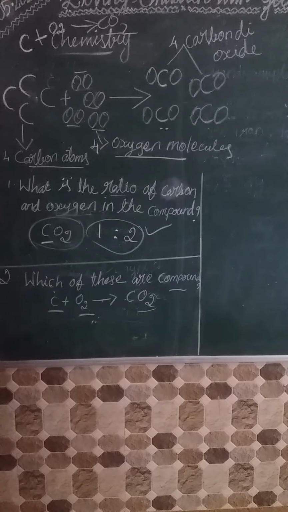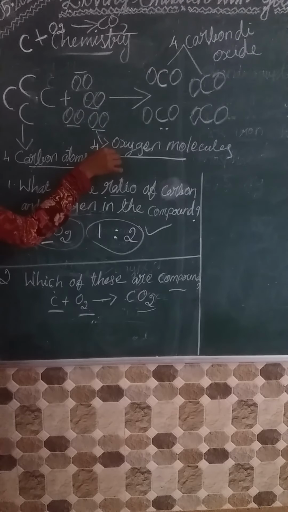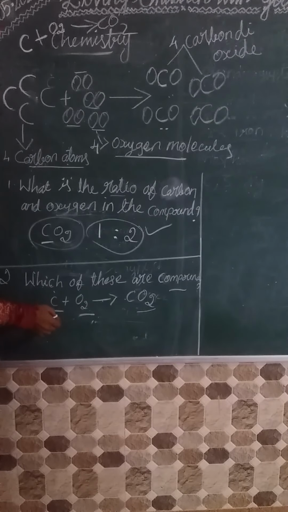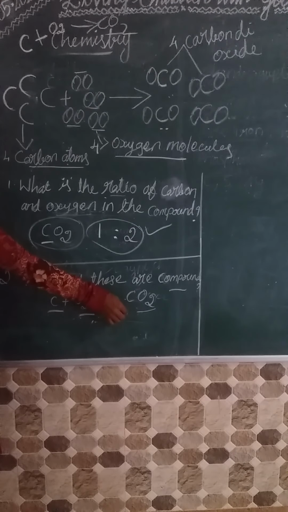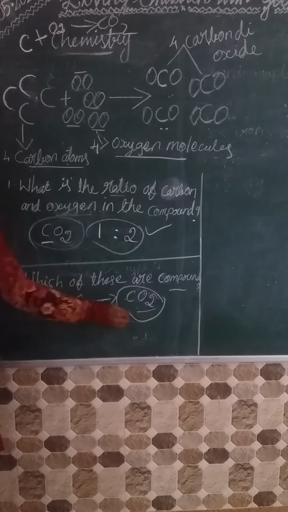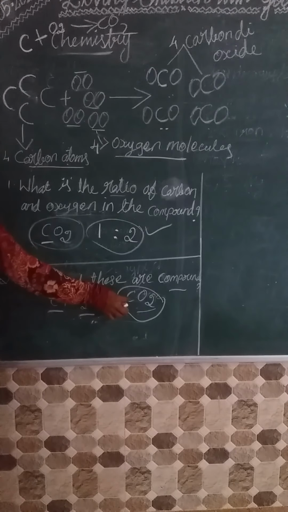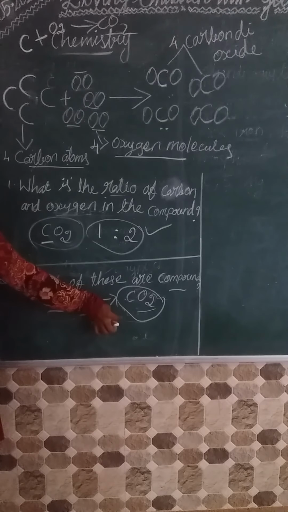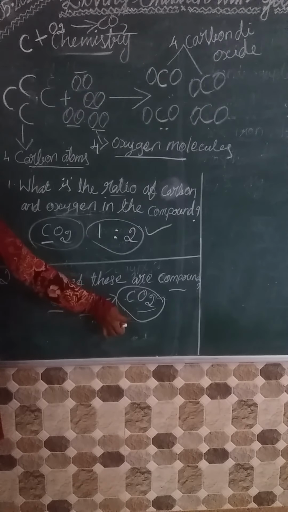We already know: the first one is an atom, the next is a molecule, and this one, carbon dioxide, is the compound. Carbon is an atom, oxygen is a molecule, carbon dioxide is the compound. So the answer is CO2. Carbon dioxide is the compound.